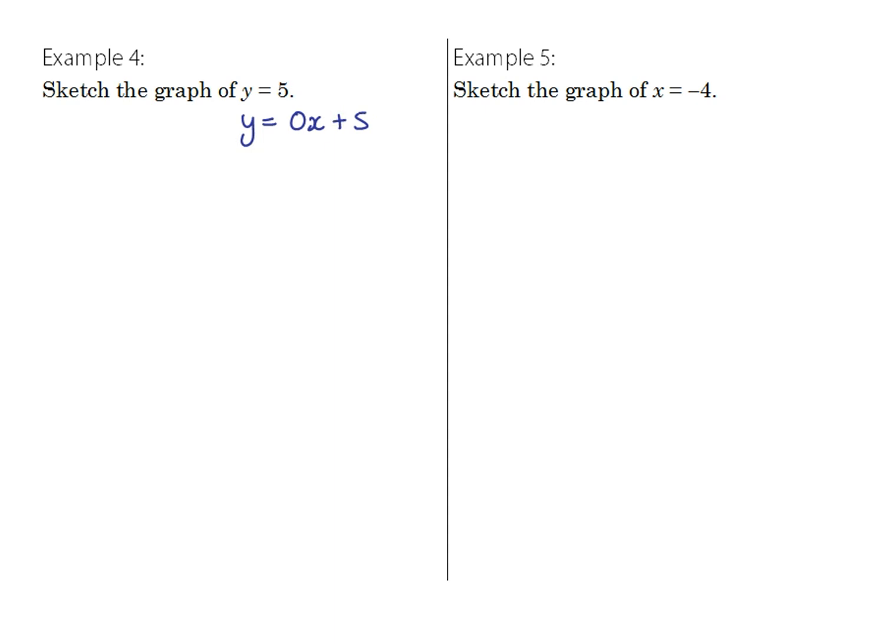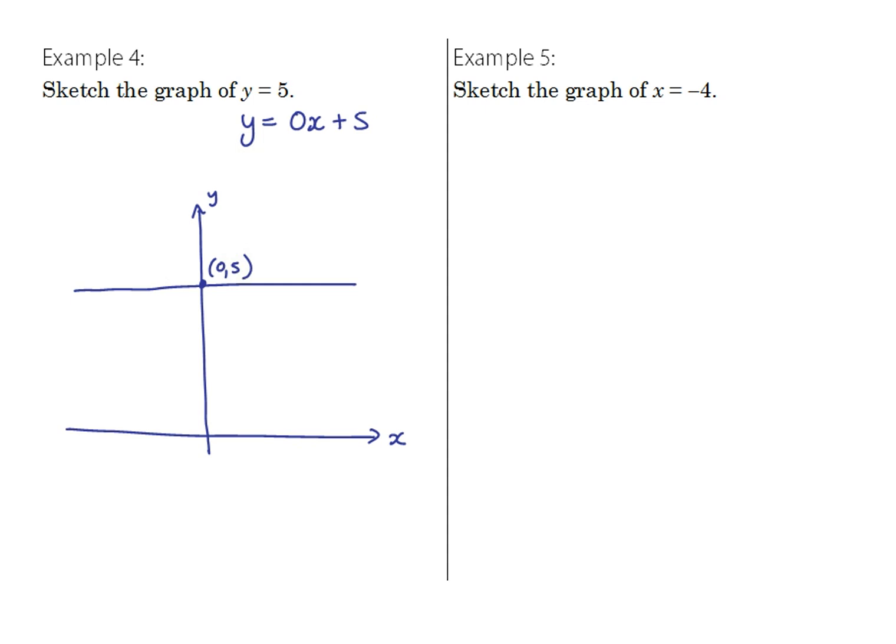We've talked previously about what 0 gradient means, and it means that we have a horizontal line. So my x-axis, my y-axis, my y-intercept at 5, and a horizontal line passing through 5. So there's the graph of y equals 5.